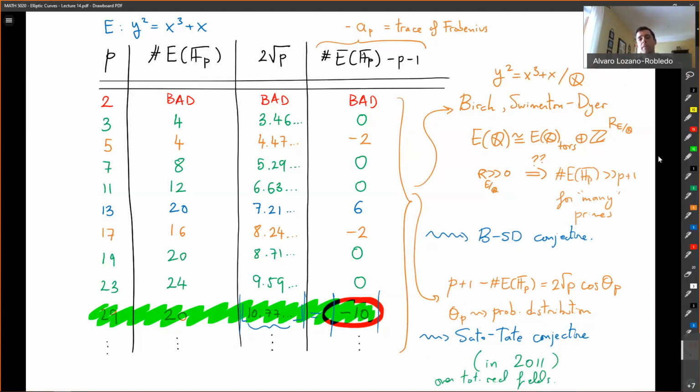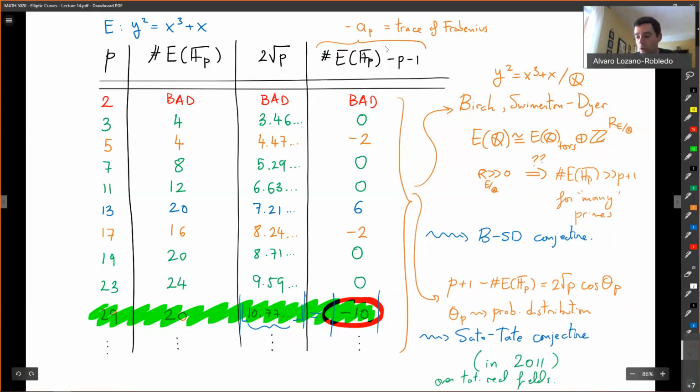But I believe this bound is always the most efficient bound you can find for any elliptic curve. I'll look into that, but I think it's as efficient as it gets. Okay, thank you.